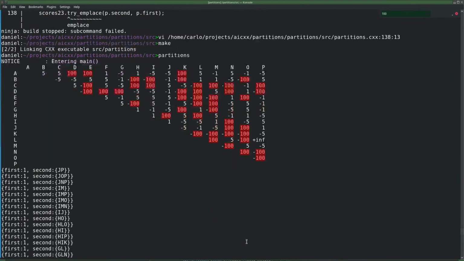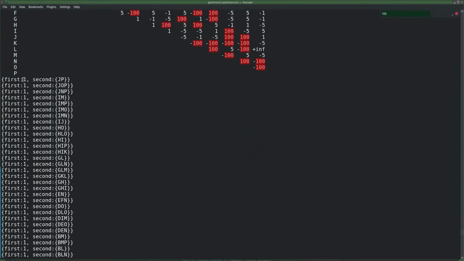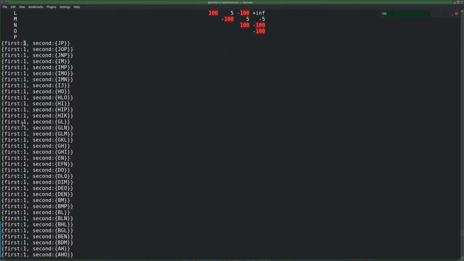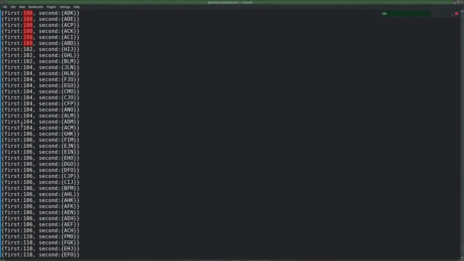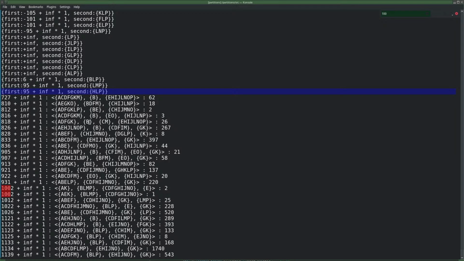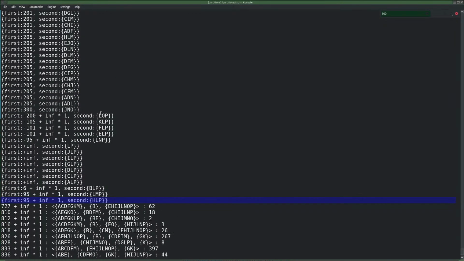Okay, and as you can see, the score is now positive, yeah, larger than 0. And we have multiple keys that are the same, and it is ordered by score all the way up to infinity and beyond. So it's a minus 200, but we add infinity. It's larger than 300, just so you know.